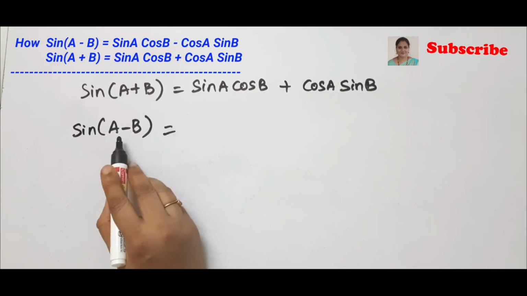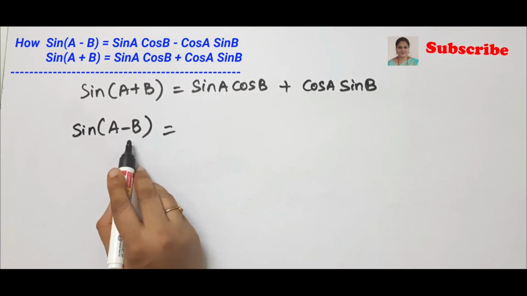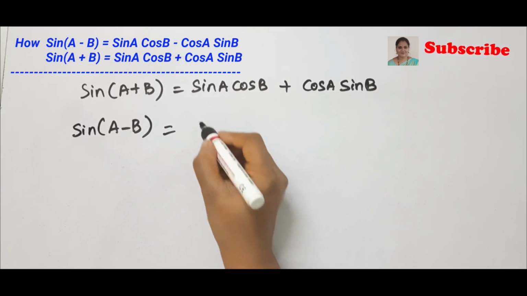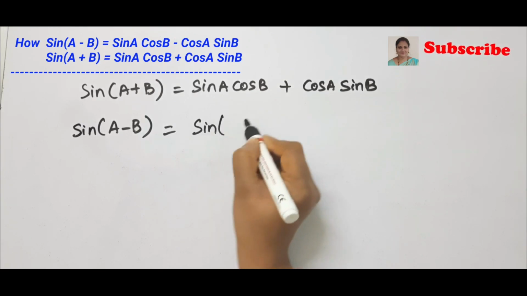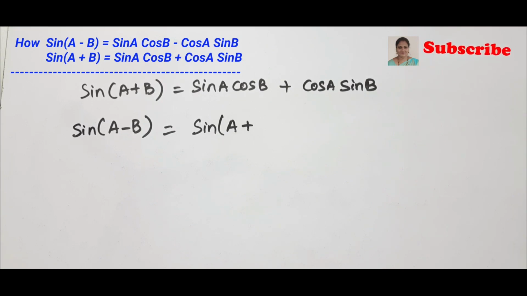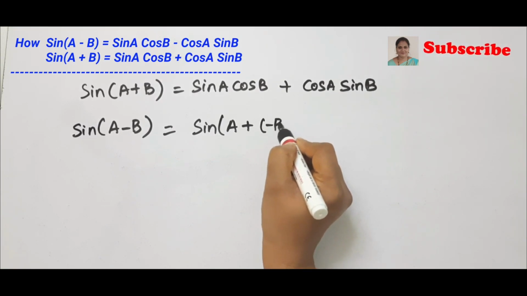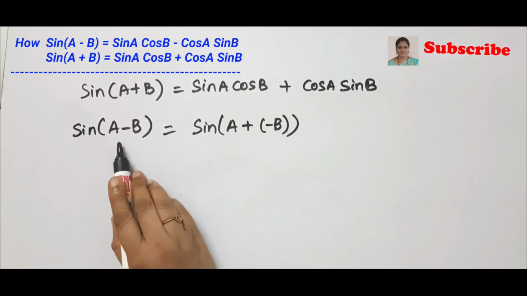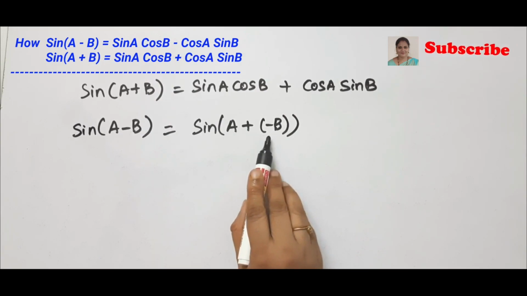This sin of A minus B can be written as sin of A plus minus B, is it not? This minus B can be written as plus into minus B, is it not?